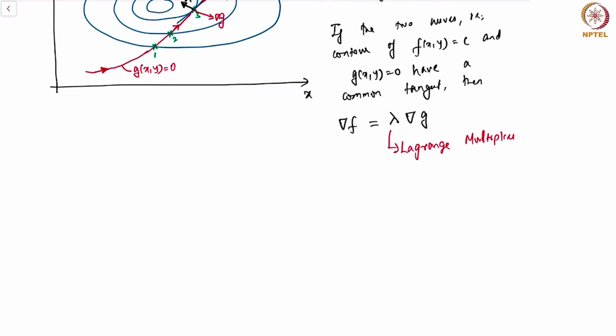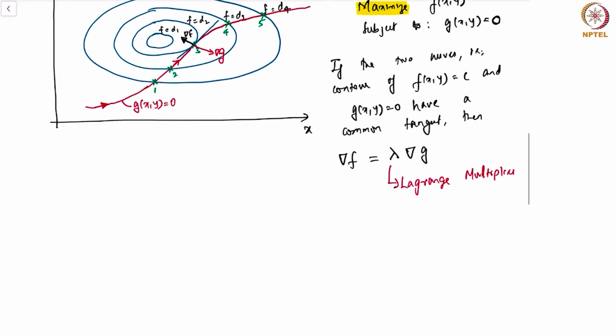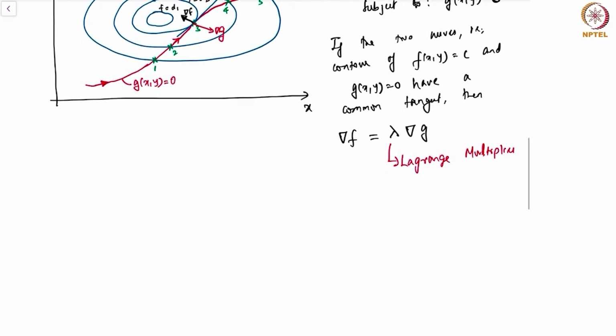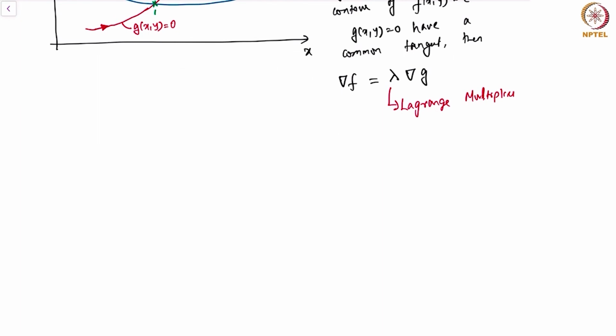Now what we want to find out is how to actually go about solving a problem like this, and what's the connection to the Euler-Lagrange equations that we discussed in the previous class. So let's do a little bit of math. We'll consider a simple case of a single constraint, that is, we have only one constraint g, and we have the function f.